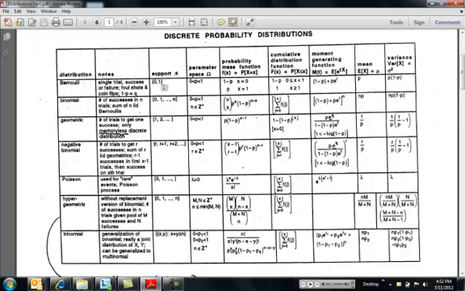Support is either, again, success or failure. The probability of success or failure is between 0 and 1. The mass function right there is either succeed or fail. Well, you don't know moment generating function yet, but the mean of a Bernoulli is p. Here's the variance. So these are all the popular ones.